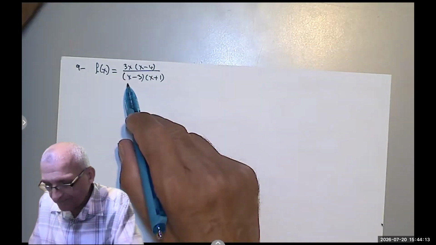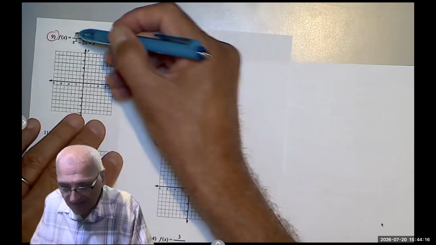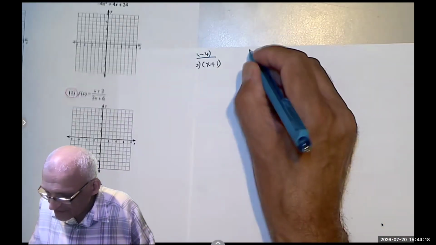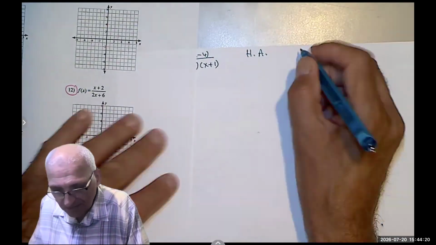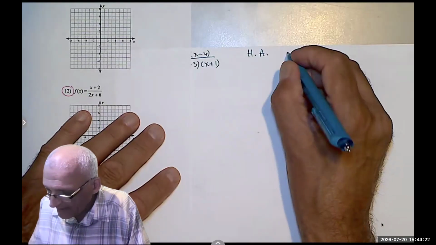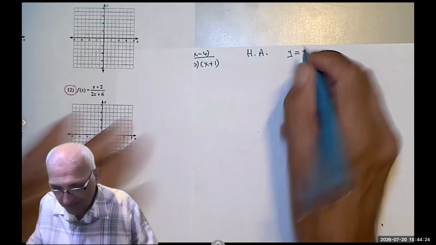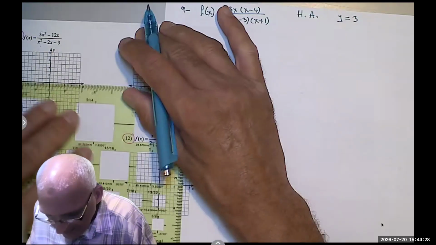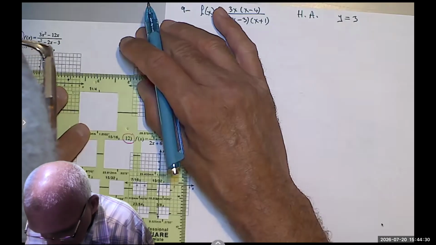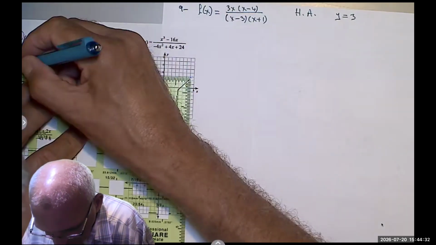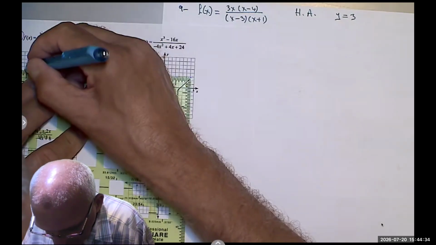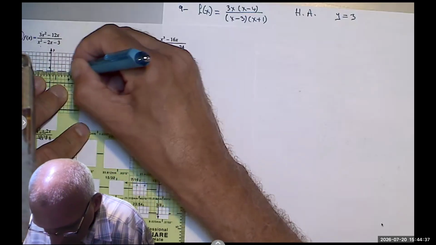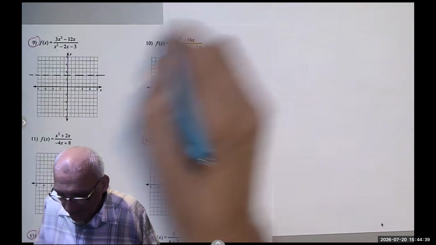The degree is the same, so there is a horizontal asymptote at y equals 3. When you divide 3 by 1, you get 3. So there is a horizontal asymptote here, y equals 3.